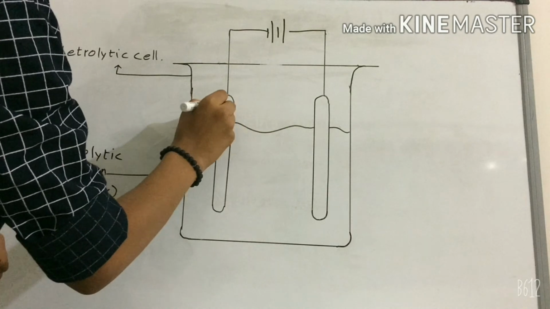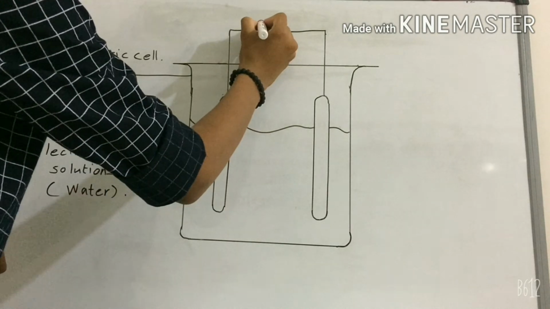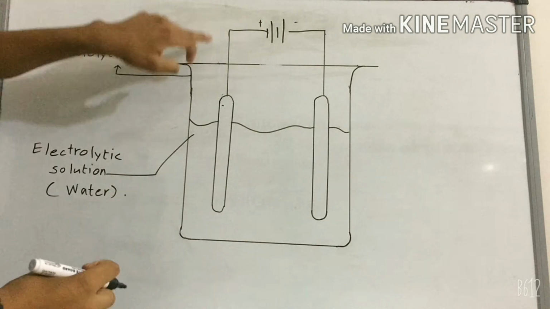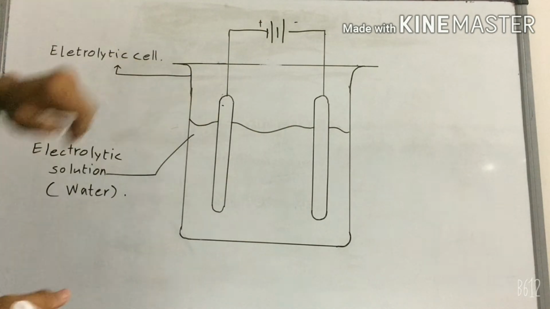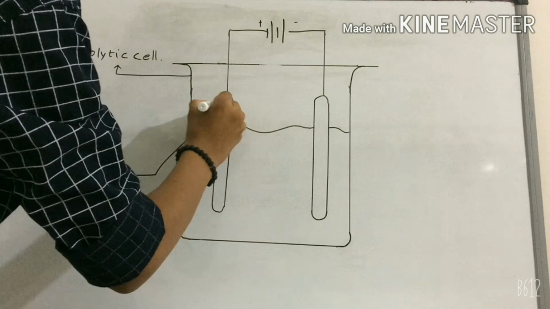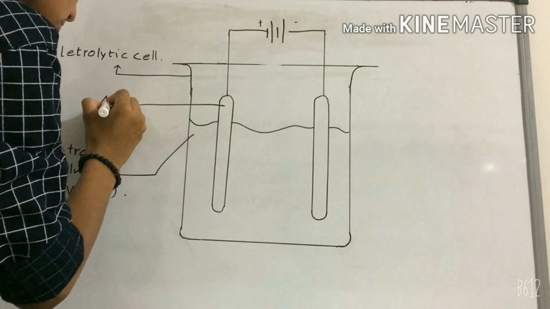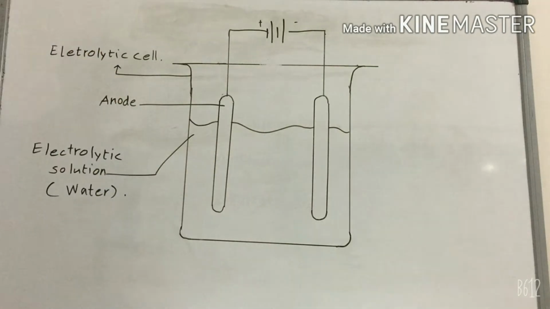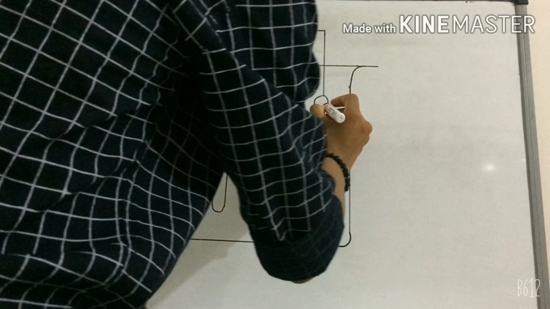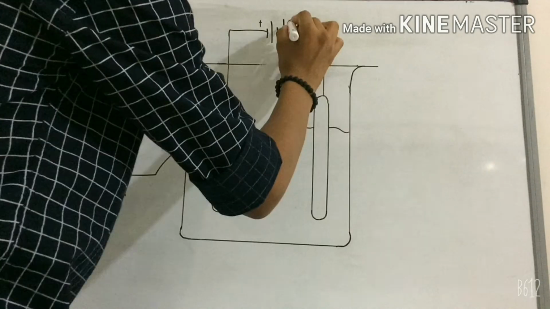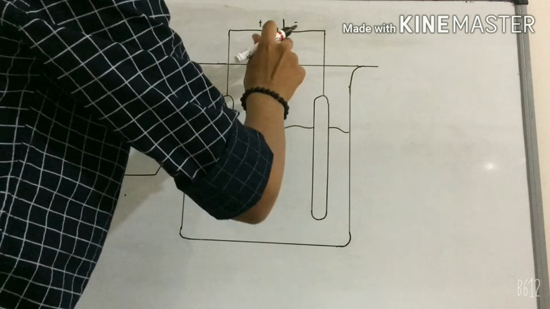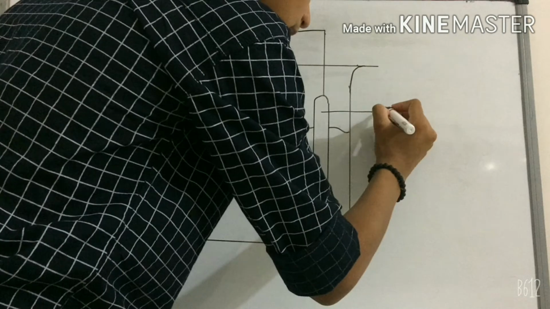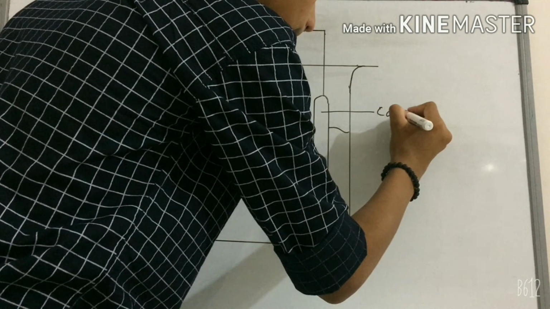Now this carbon rod that is situated for the positive side of the battery, that is connected with the positive side of the battery, is known as the anode. And similarly, the carbon rod which is connected with the battery at the negative side is known as the cathode.